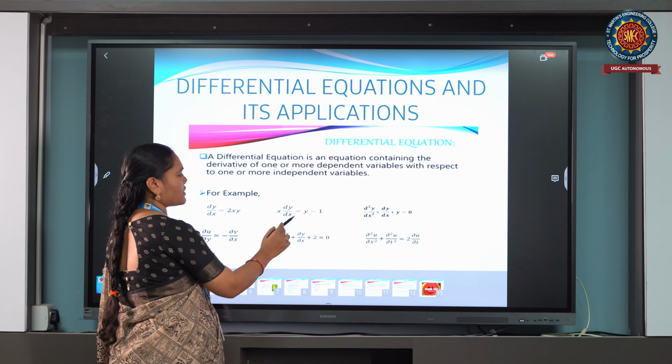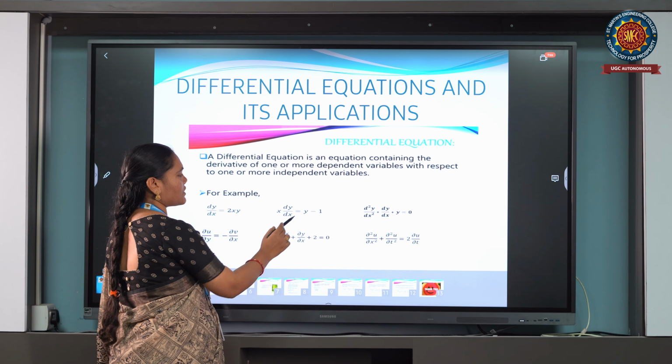So this is the wave equation. We can read it as ∂²u(x,y,z,t)/∂t² = c² (∂²u/∂x² + ∂²u/∂y² + ∂²u/∂z²). These all are the applications of differential equations.